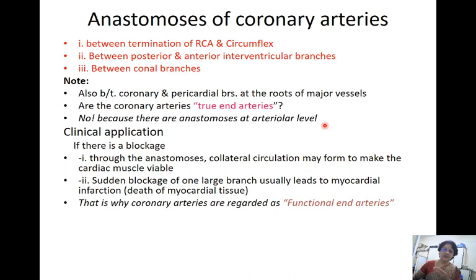So this is a coronary stroke, as opposed to what we would call a neurological stroke. If a vessel is blocked by spasm or has developed an obstruction from outside or inside, the behavior is like that. But anatomically, in one sense, it is not. So the clinical application: through these anastomoses, collateral circulation can form. We always say may form, because technically the lumina continue, so flow can happen.